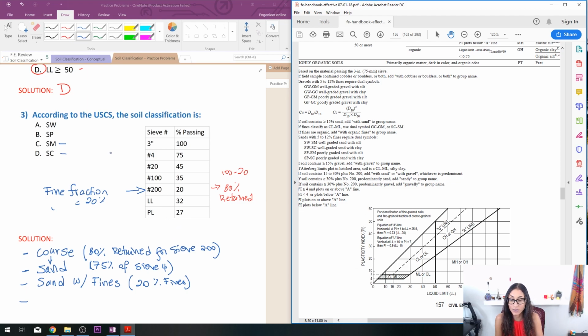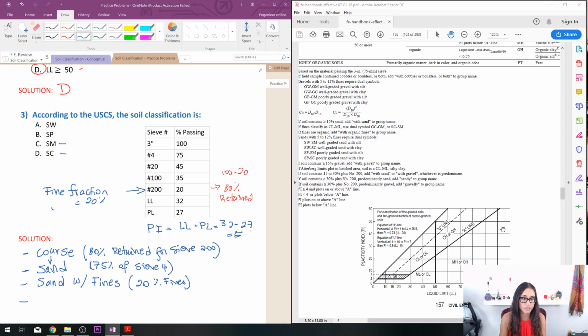Now, what was given to me is PL, right? I need to find my PI. PI is just LL, the liquid limit, minus PL. So that's going to be 32 minus 27, which is 5. So I have 5 right here, somewhere here, and my liquid limit is 32, so I'm going to go here, which is somewhere here.